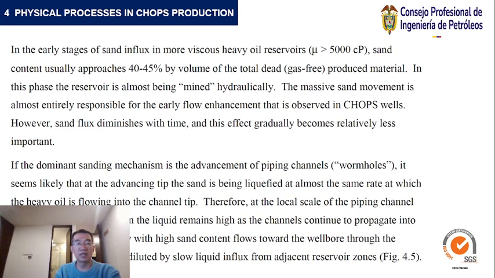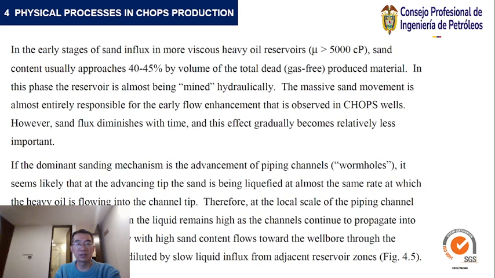However, sand flux diminishes with time and its effect gradually becomes relatively less important if the dominant sanding mechanism is advancement of piping channel.